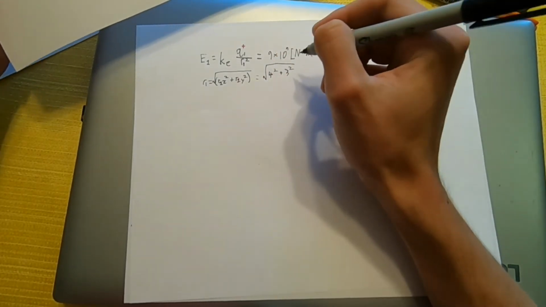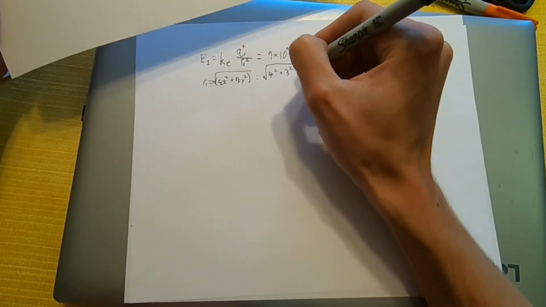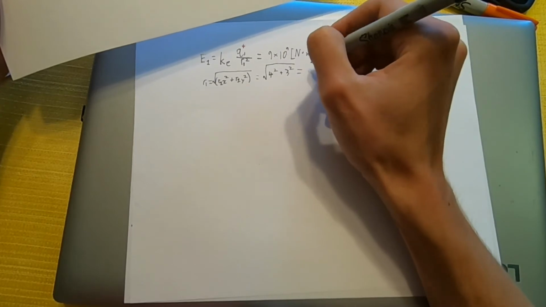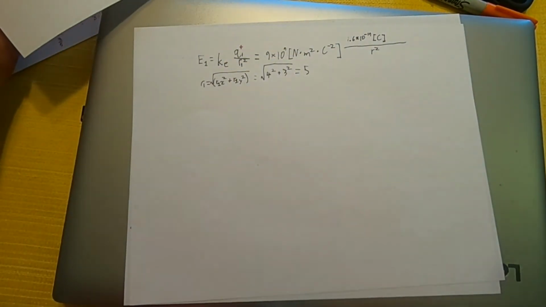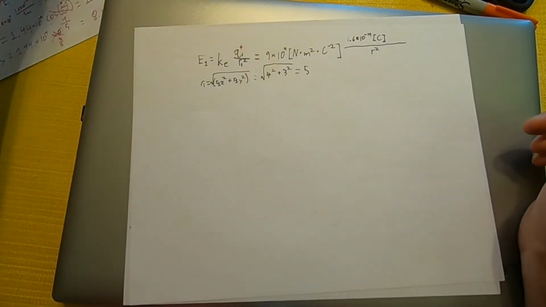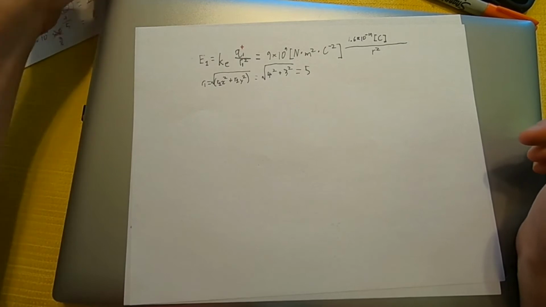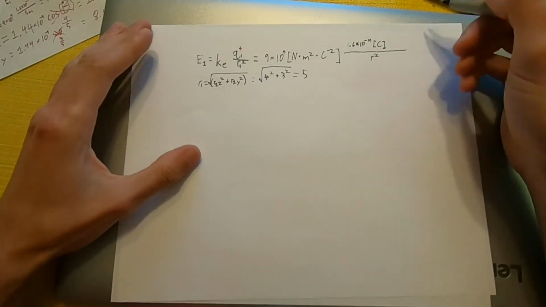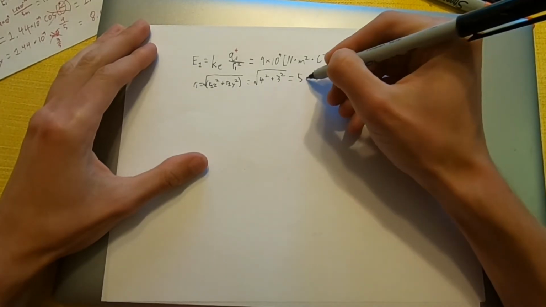This is one of our magic triangles, so we know that the hypotenuse is equal to 5. If you don't believe me, you can calculate it for yourself. Anyway, that's what R1 is, so we can plug that into our equation up here. That's in meters.